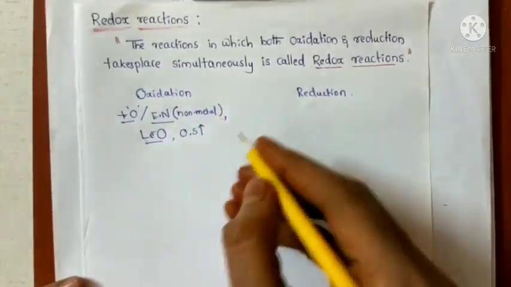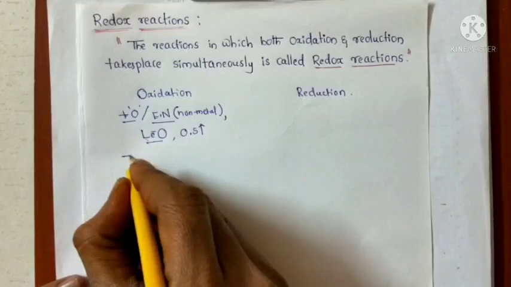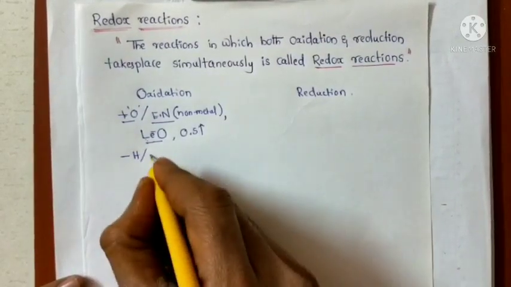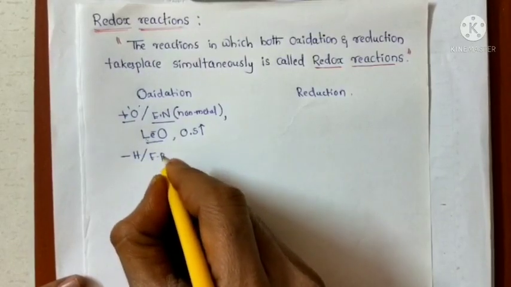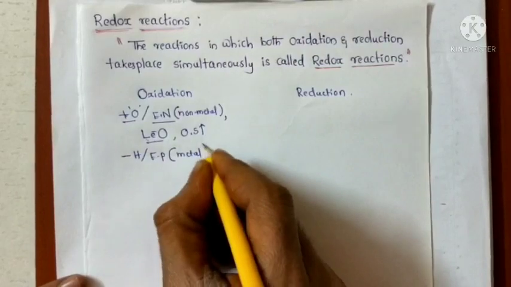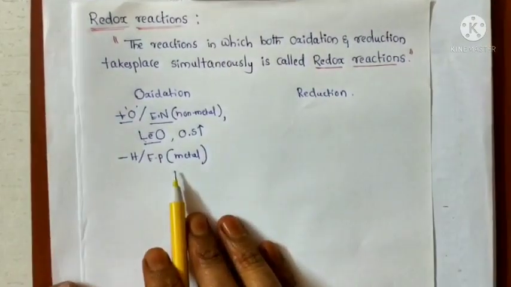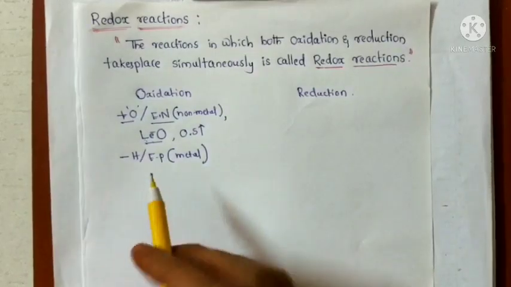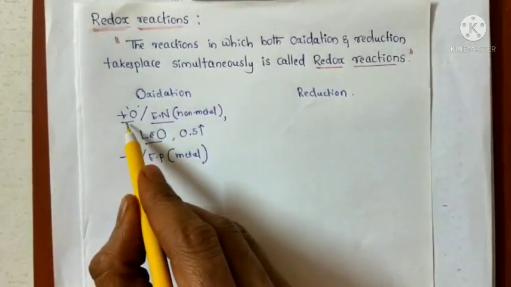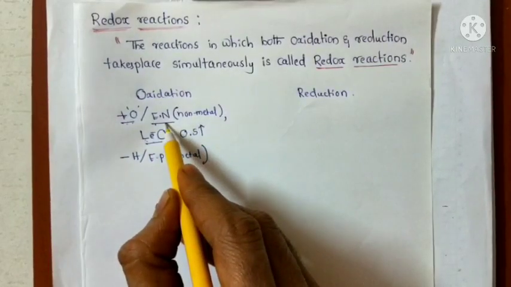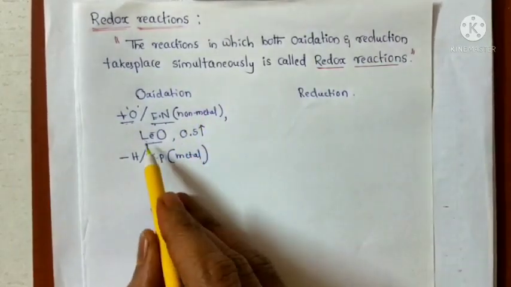And another very important one: removal of hydrogen or removal of an electropositive element, which is a metal. It is also one of the parameters to detect oxidation. The parameters are: first, addition of oxygen or addition of an electronegative element, that is non-metal.